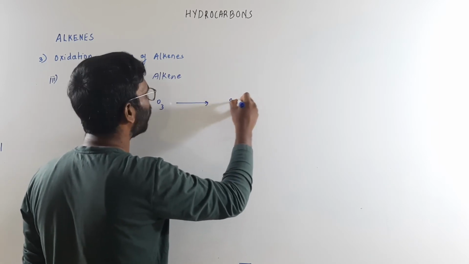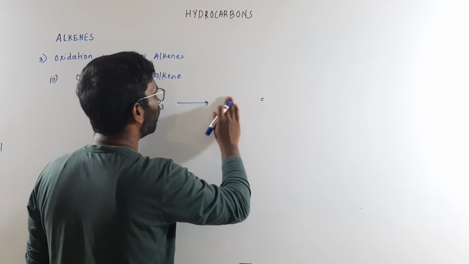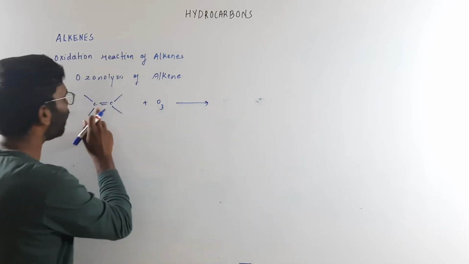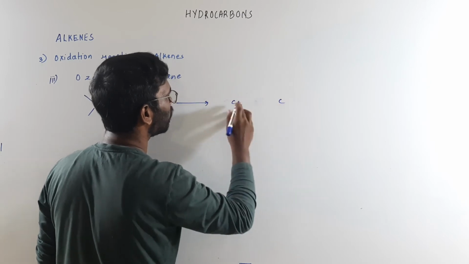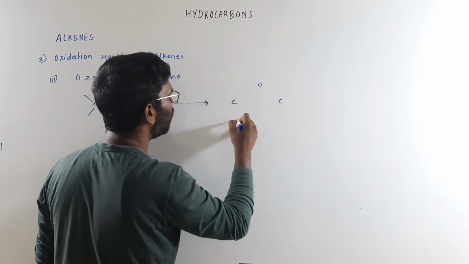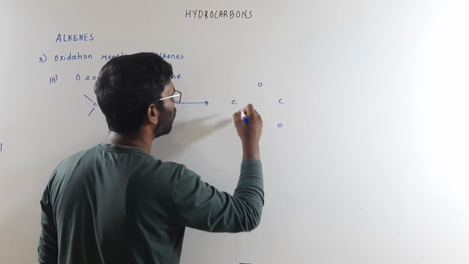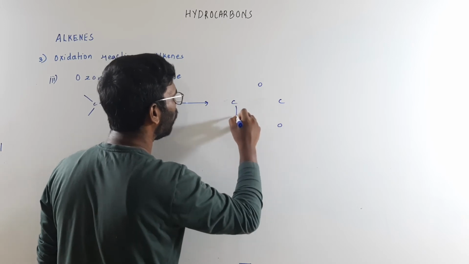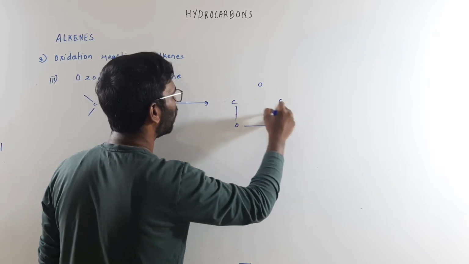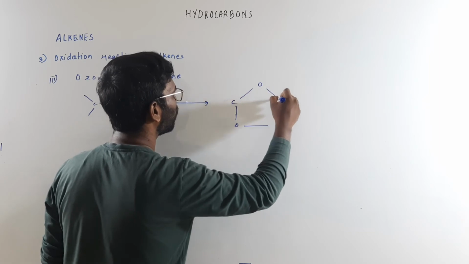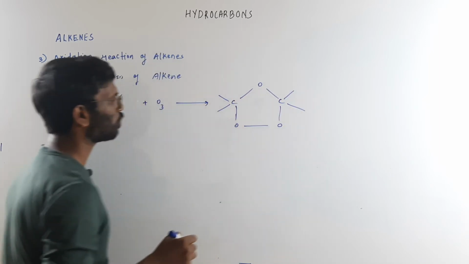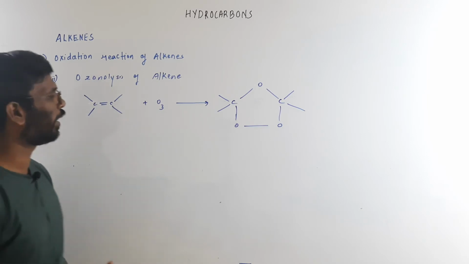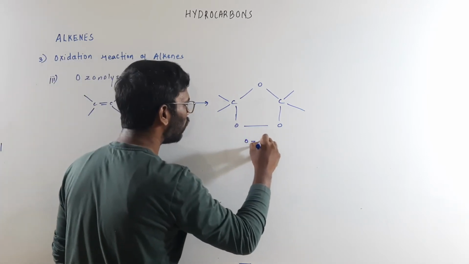Okay, ozonide looks this way. Like there is a carbon-carbon double bond, you can see that it will be located between this. Like here there will be one oxygen, here there is one oxygen, here there is one oxygen, right? Like this is what the ozonide is. Okay, this is called ozonide.